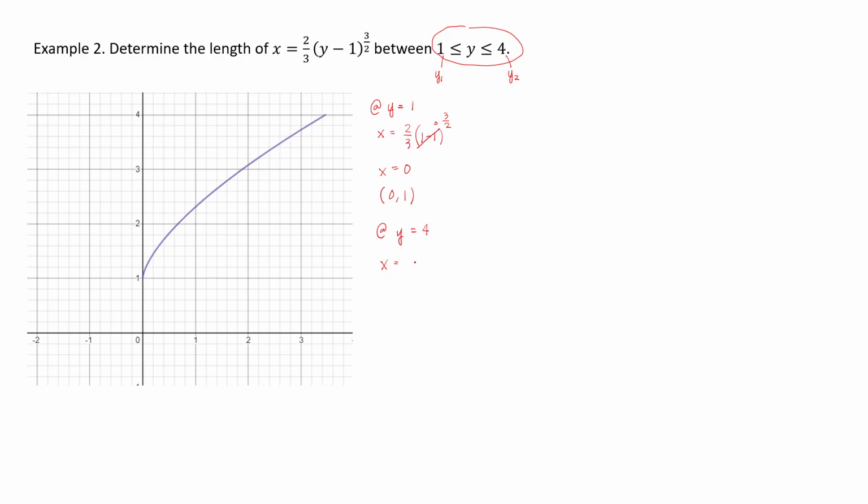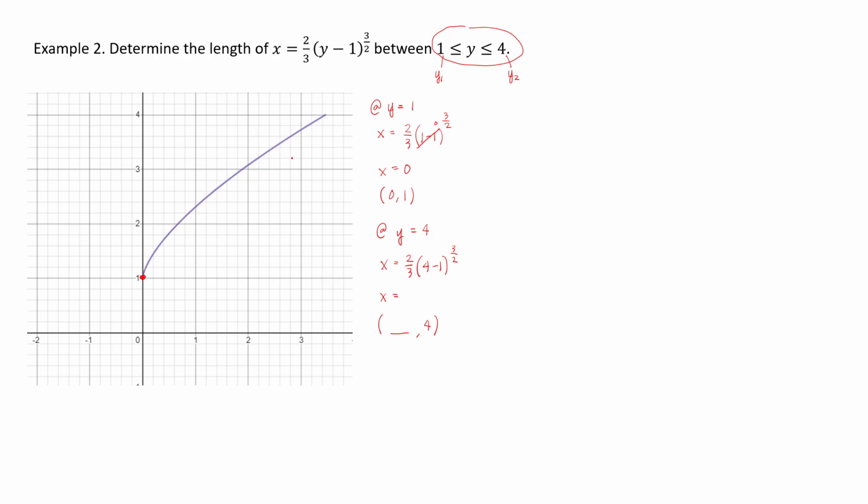So x is equal to 2/3 times (4 minus 1) to the power of 3 halves. Then you're going to get x equal to something, probably 3.4. So you put 3 point something and then 4. Okay, so that is for your evidence in your curve.